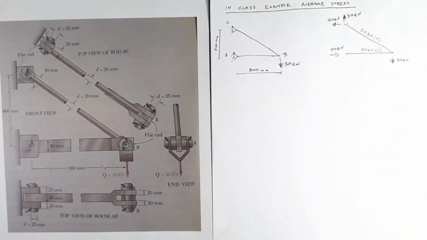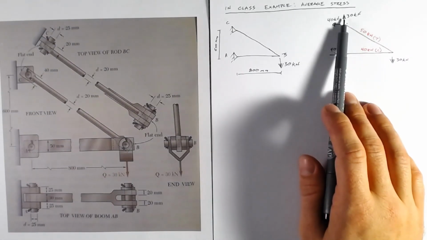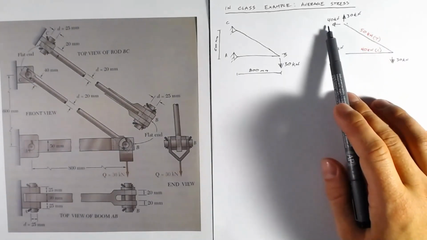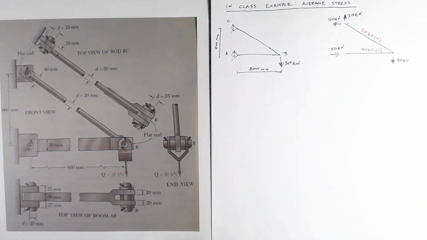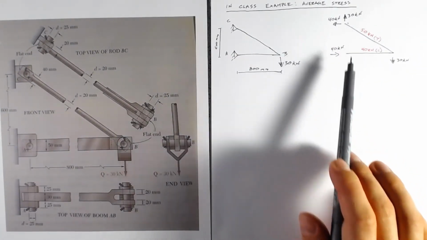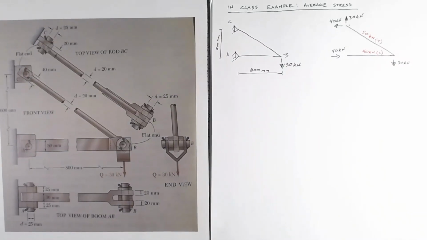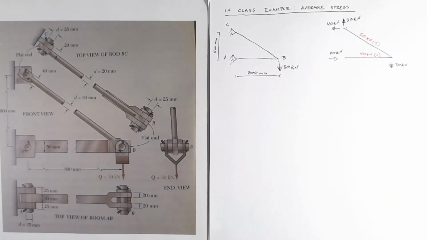So you've got 40 kilonewtons at point A, and then 40 kilonewtons and 30 kilonewtons at point C. The resultant of these is a 50 kilonewton tension force in the rod BC, and there's a 40 kilonewton compression force in the boom AB. This first part should be familiar to you, things which you will have done in first year statics, where you learned trusses.